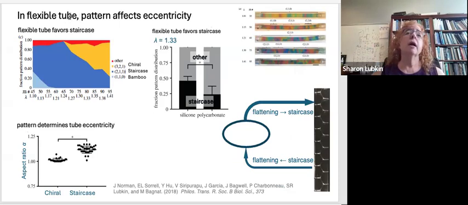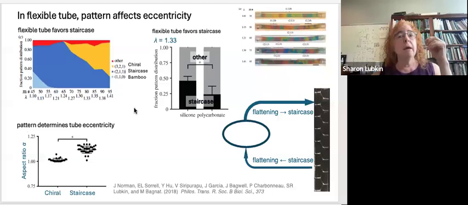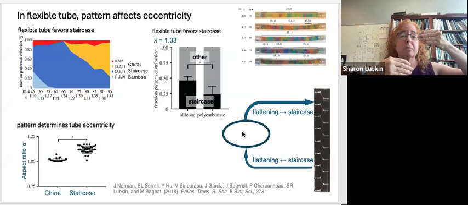Furthermore, we looked at flexible silicone tubes, where we were not predetermining the aspect ratio of the tube, but when it was stuffed with an appropriate amount of beads, it was more likely to be in the staircase pattern. And when it was in the staircase pattern, it was more ovaled. The aspect ratio of the staircase pattern in the flexible tubes was off of 1. So if you have a flattened tube, you are more likely to get staircase. If you have a staircase pattern in a flexible tube, you are more likely to flatten that tube. And so it's going both ways.